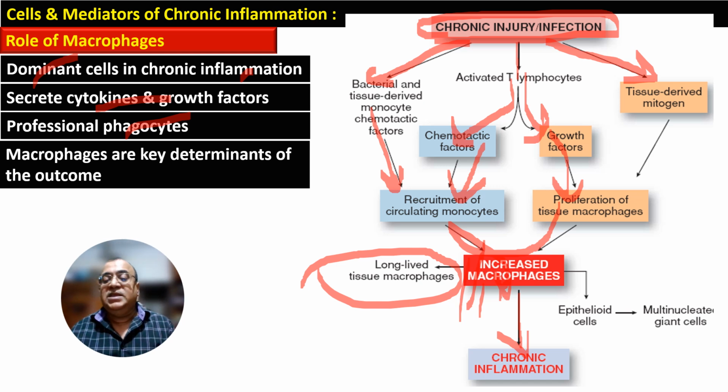Sometimes these macrophages cannot eliminate the damaging agent, or they have got a persistent role, so they attain secretory activity. Like epithelial cells, due to this secretory activity, they are termed as epithelioid cells, epithelial-like cells, as are seen in the granuloma.